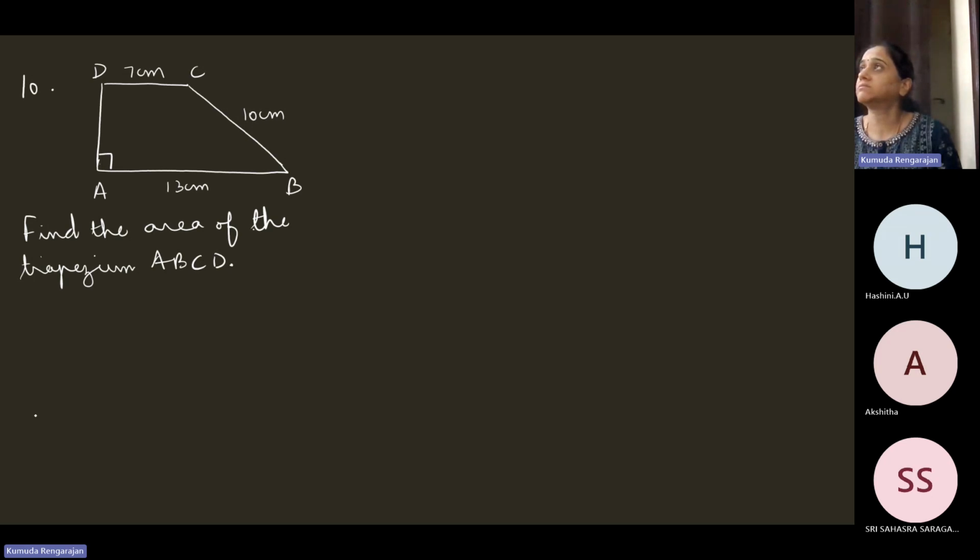Online children. 13. BC value is 10. No, I want the values of a and b. What's the value of a? What's the value of b?